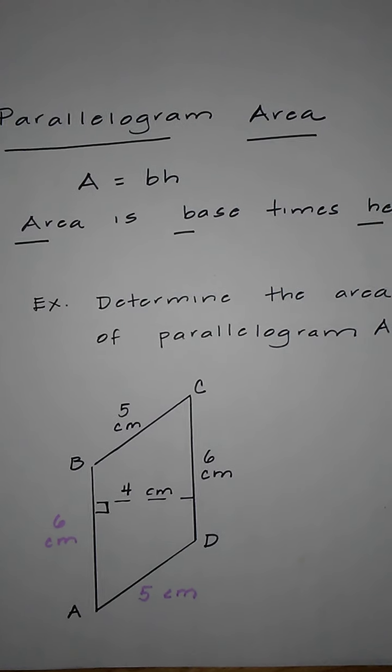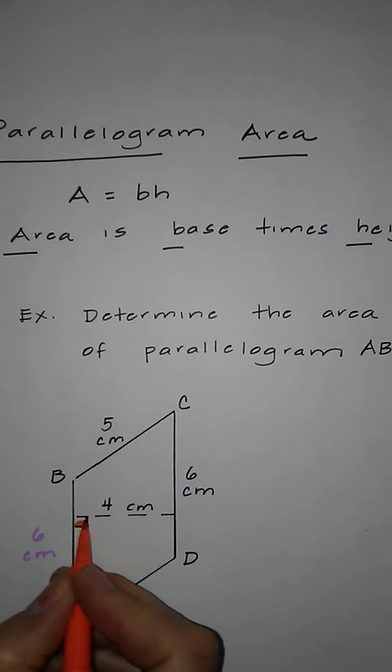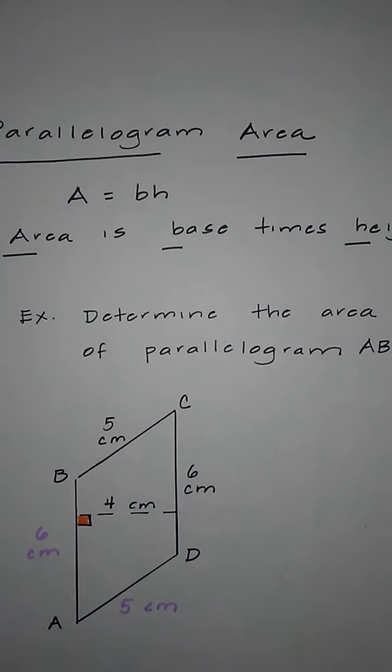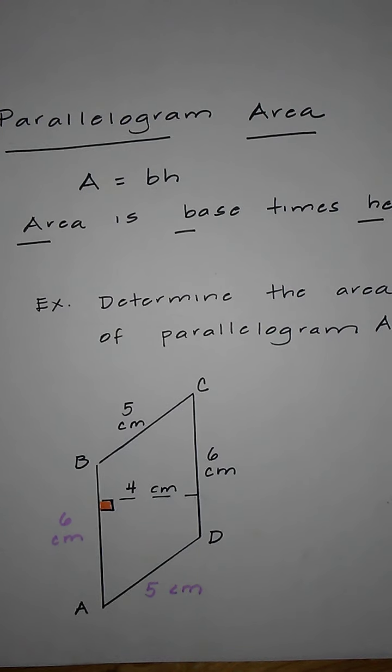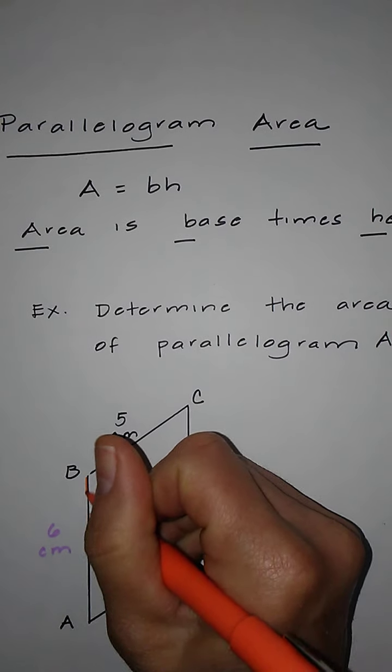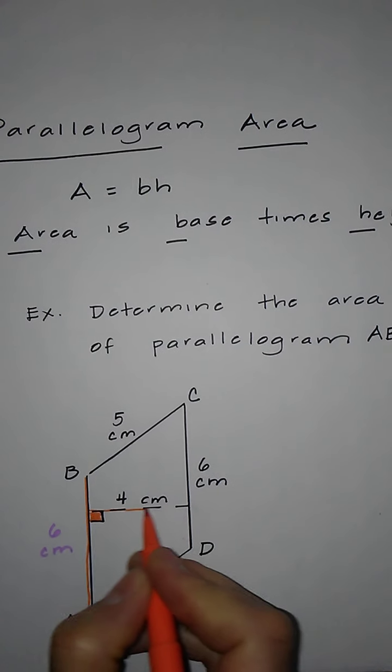Remember when we looked at area for triangles, we focused in on the right angle because a base and height have to be perpendicular. So 6 is going to operate as the base and 4 as the height.